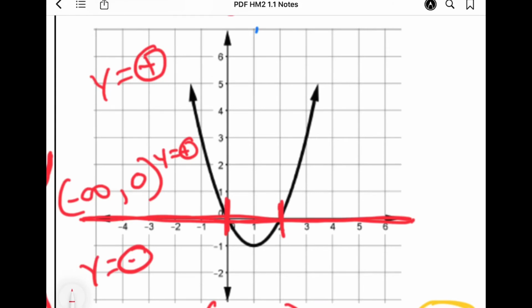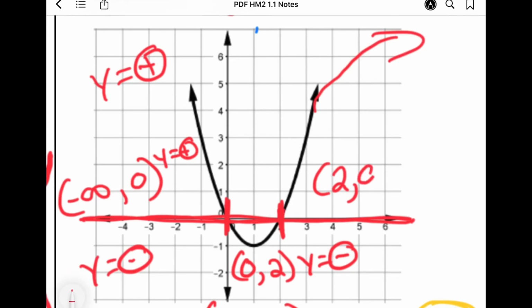And then from x is 0 to x is 2, the y's are going to be negative. And then from 2 and on forever to positive infinity, our y values are going to be positive.